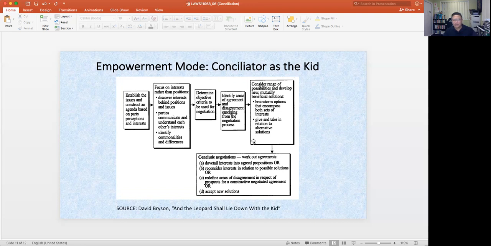What you will notice from this particular framework suggested by David Bryson is that it actually follows the interest-based negotiation approach of Professor Roger Fisher and William Ury.